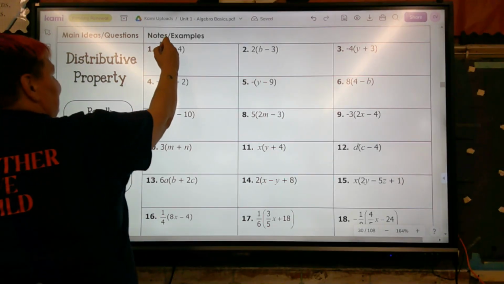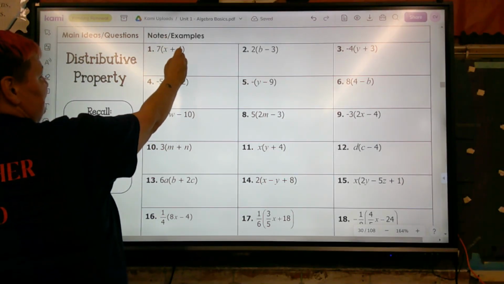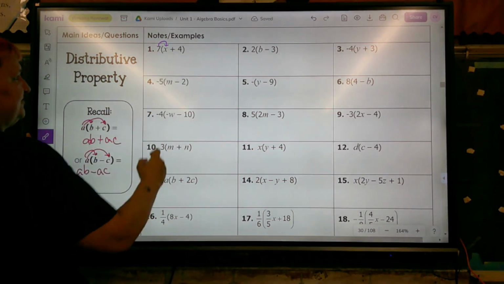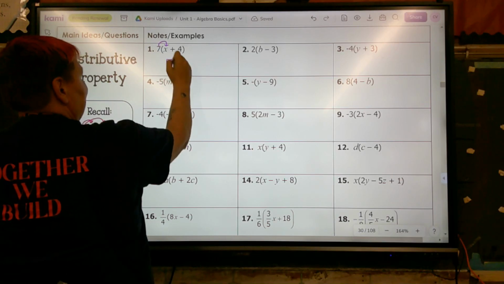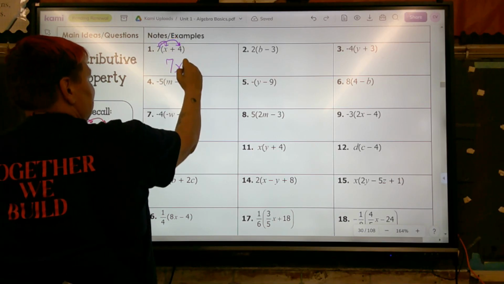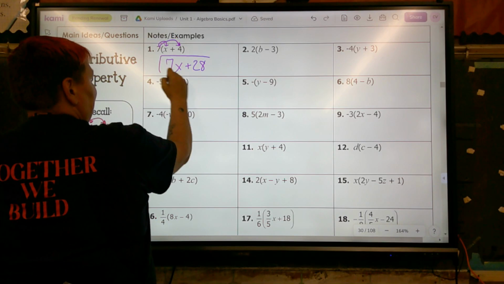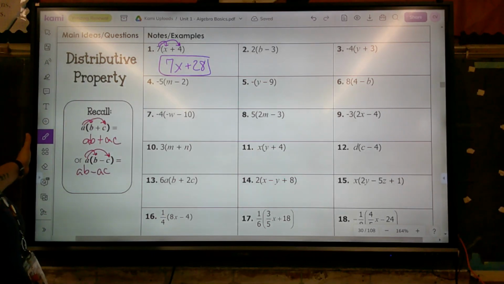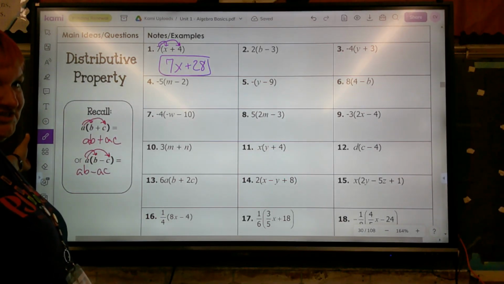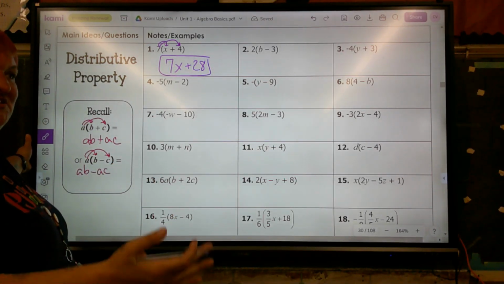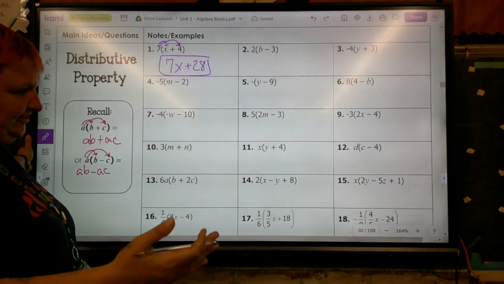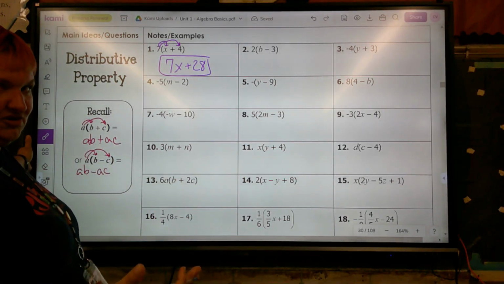Right? So, 7 parentheses, x plus 4 parentheses. Feel free to make the arrows. It helps. 7x plus 28. Distributed. Parentheses are gone. This is one of those things where we know order of operations has to do what's inside the parentheses first, but we can't do anything inside the parentheses because they're not like terms.